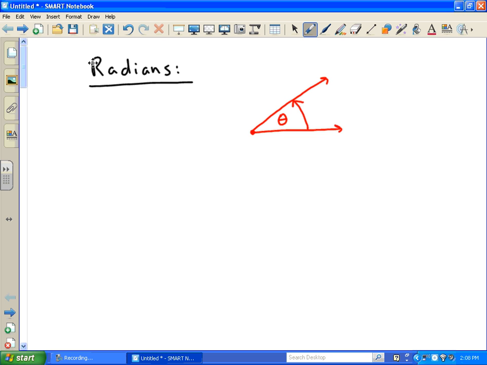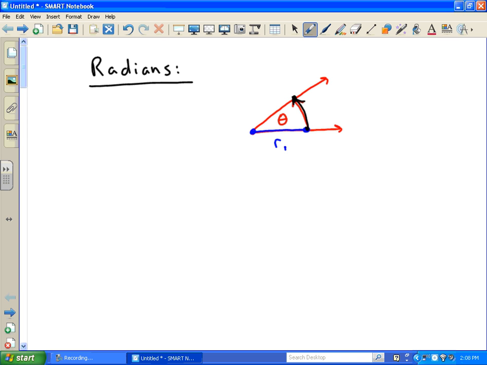It turns out that 1 radian occurs when the distance from the origin out to wherever you start your rotation, let's call this R1 for a radius, is equal to the distance from that point where you start rotating all the way up to your terminal side.